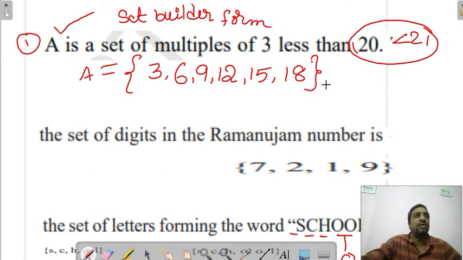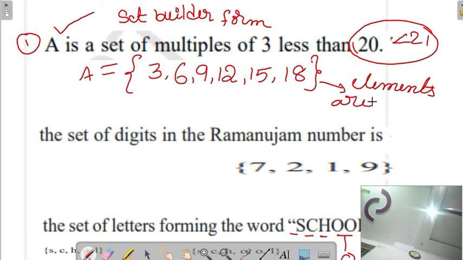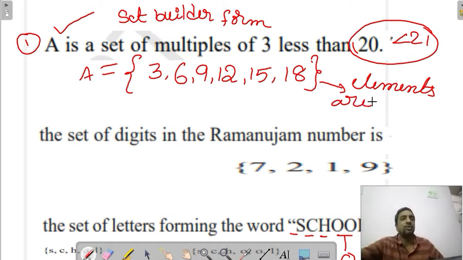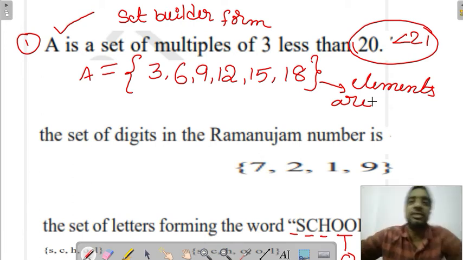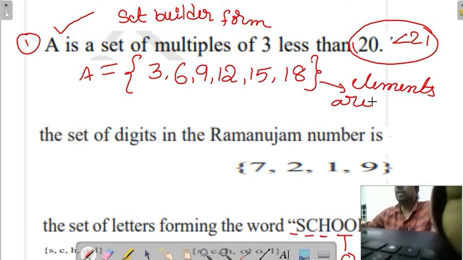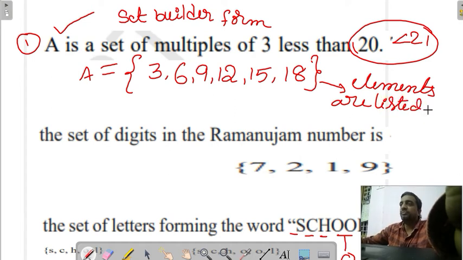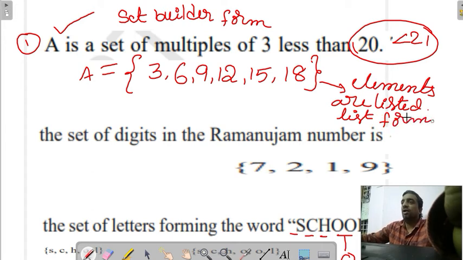And when the elements are listed, we can say this is list form or roster form.